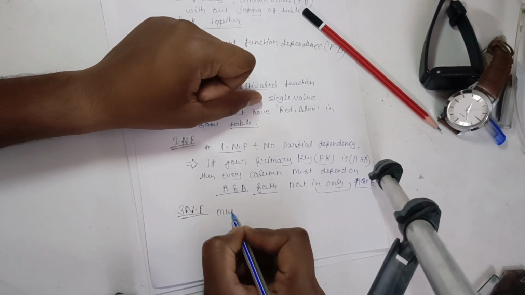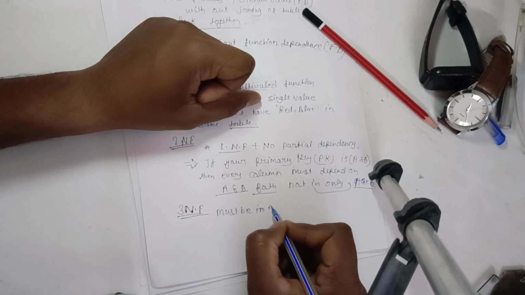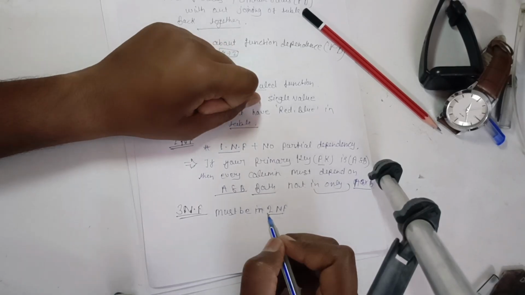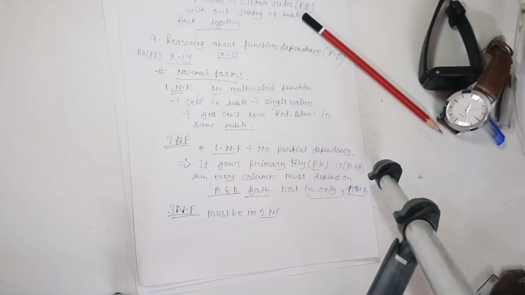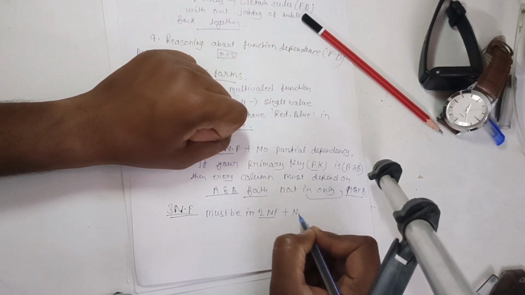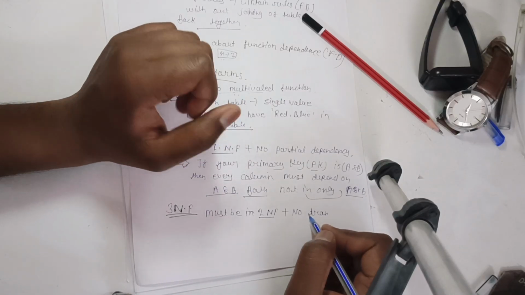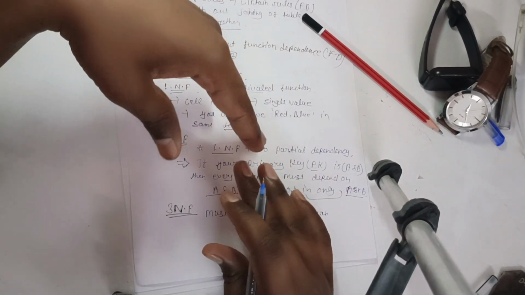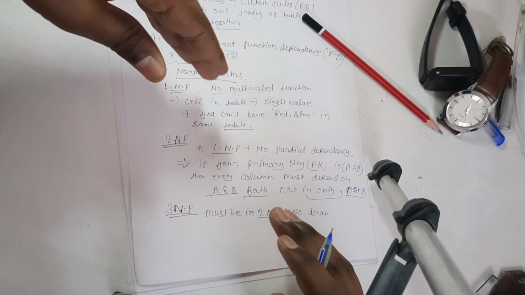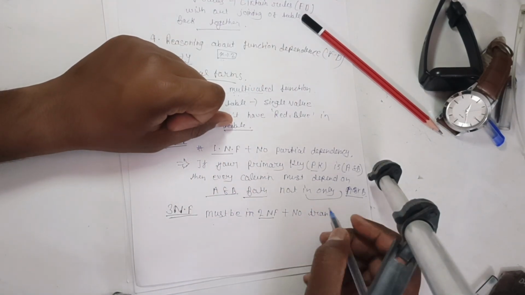First of all, it must be second normal form, plus no transitive dependency. Remember, these are the conditions which you have to remember when a question is asked. If a functional dependency is given, to tell whether it is 3NF, 2NF or 1NF, you have to remember these conditions.